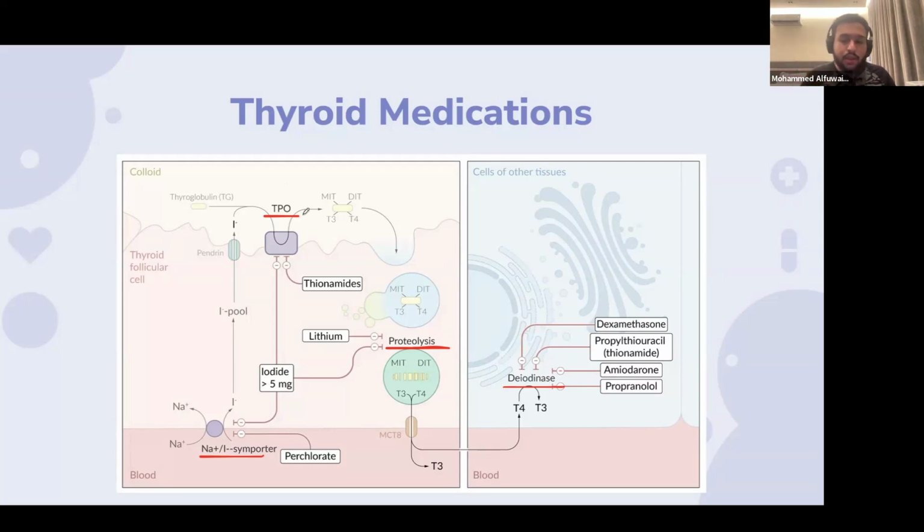Now, the last drug that I want to talk about in terms of antithyroid medications is propranolol, a beta blocker. Propranolol is a non-selective beta blocker. It inhibits beta receptors and inhibits the peripheral conversion of T4 to T3.